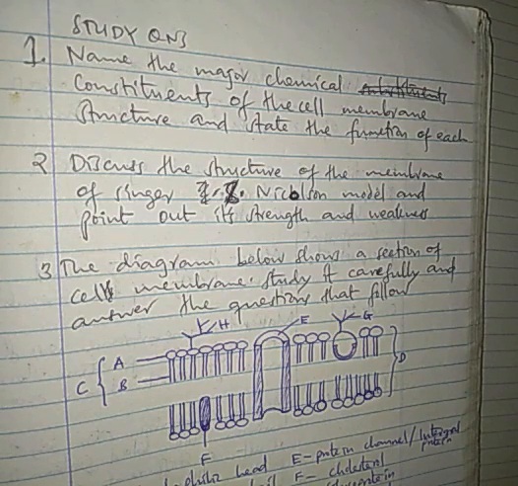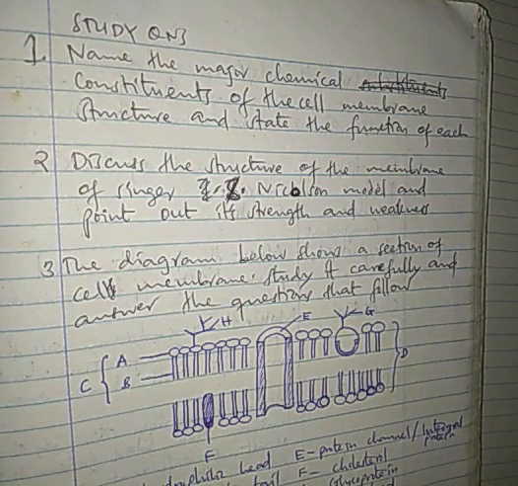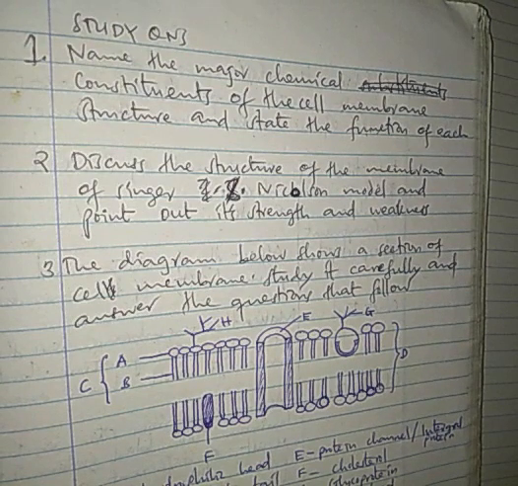The major constituents are protein, lipid, and carbohydrate. Second, discuss the structure of the membrane according to the Singer and Nicolson model and point out its strengths and weaknesses. Singer and Nicolson means the fluid mosaic model.